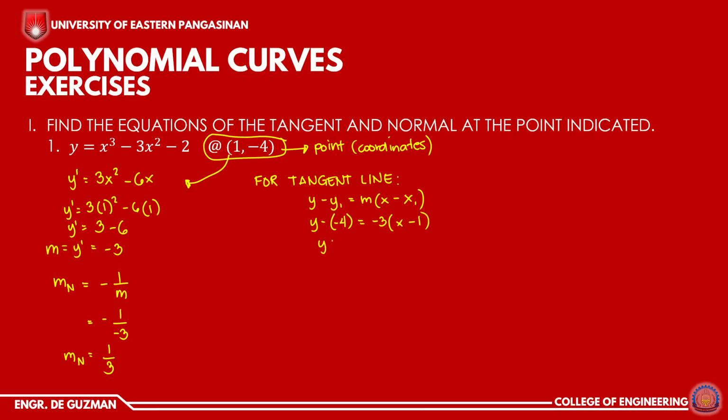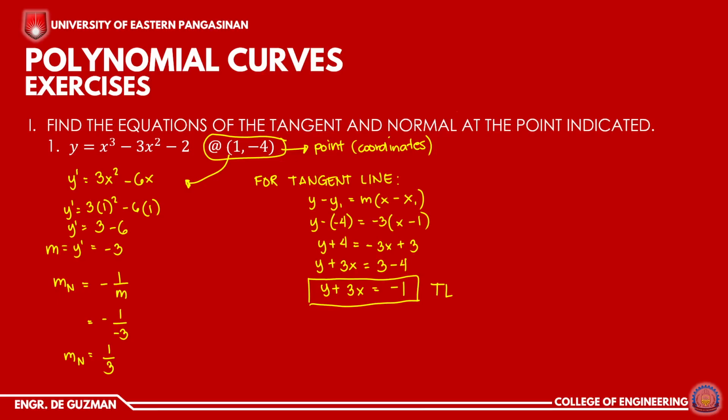So, y plus 4 is equals to, distribute natin yung negative 3, negative 3x plus 3. So, lipat natin yung x dito sa left side, y plus 3x. So, negative siya, kaya naging positive. Since nilipat natin, equals to 3 minus 4. So, y plus 3x is equals to negative 1. So, ito yung ating TL or tangent line.